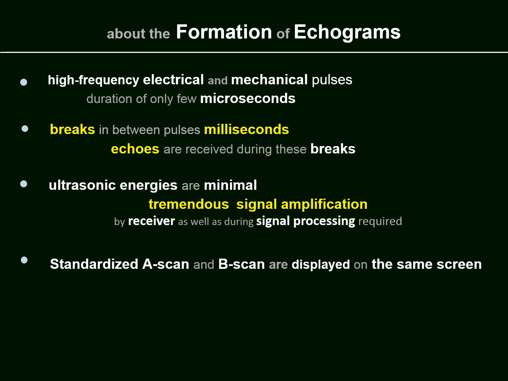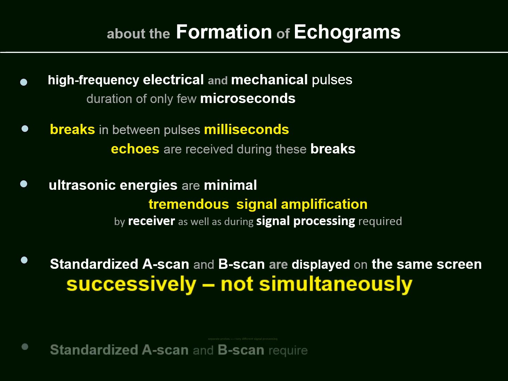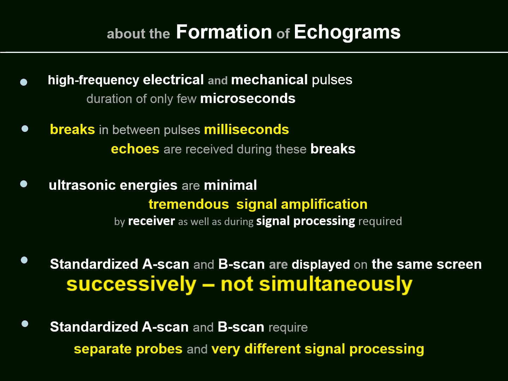Standardized A scan and B scan echograms are displayed on the same screen, one after the other, not simultaneously, successively. And standardized A scan and B scan require separate probes and a very different signal processing to be optimal. We will talk about this when we talk about B scan and A scan.